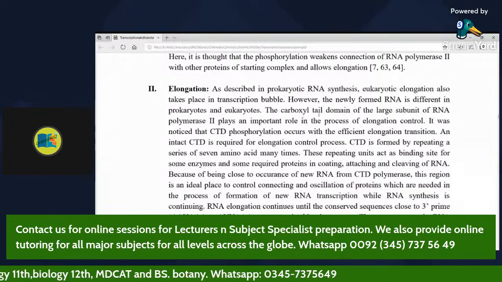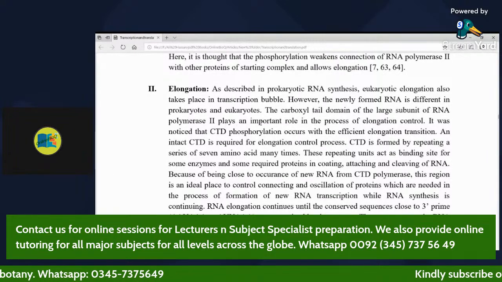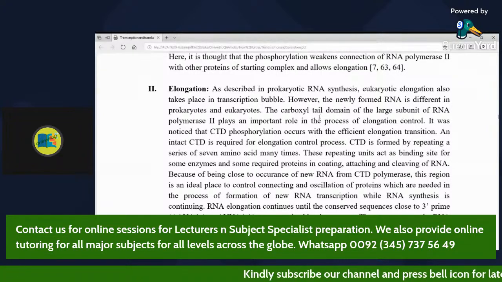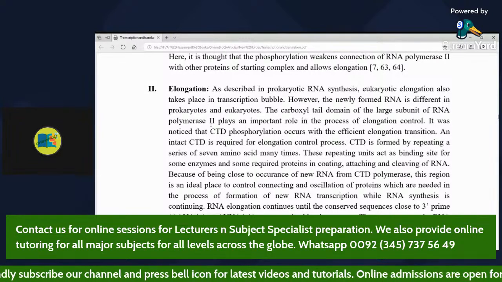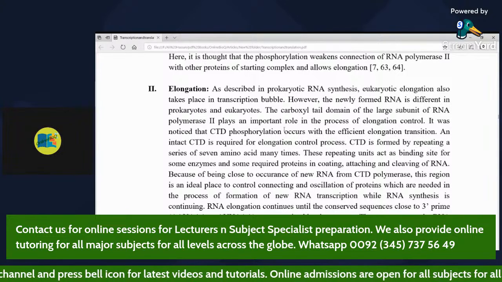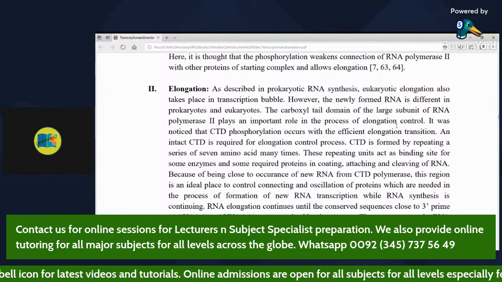The carboxyl tail domain of the large subunit of RNA polymerase 2 plays an important role in the process of elongation control.